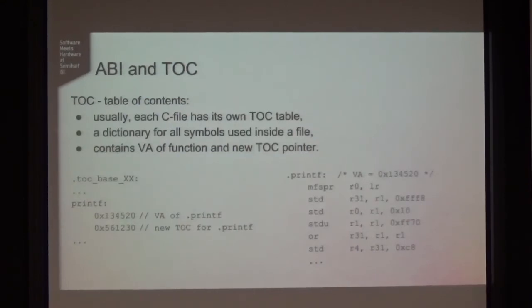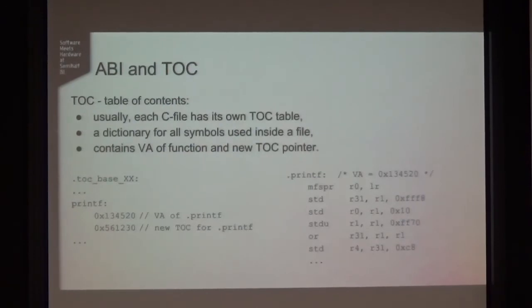For example, it cannot exceed 64 kilobytes. It must be within 64 kilobytes in the same segment of the memory where the actual function is. So when we build the FreeBSD kernel, which on PowerPC, on PowerNV is about 20 to 30 megabytes, we end up having thousands, like 10,000 TOC tables.